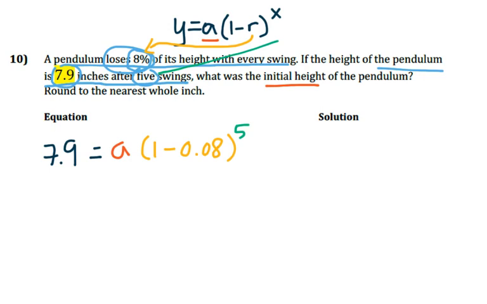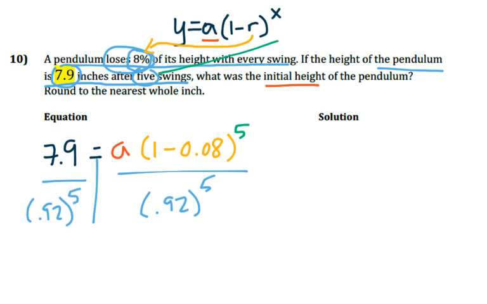Now that we have it all set up, we're going to draw our line down from our equal sign, and we're going to divide by 1 minus 0.08 to the 5th power, or we could write it as 0.92 to the 5th power. We're going to do that on both sides, because that's how we keep it equal. It's doing the same thing to both sides of our equation.